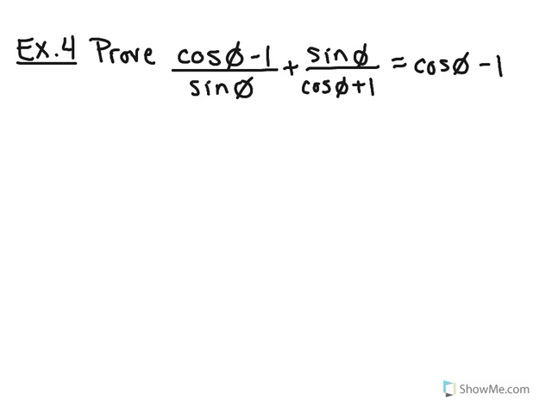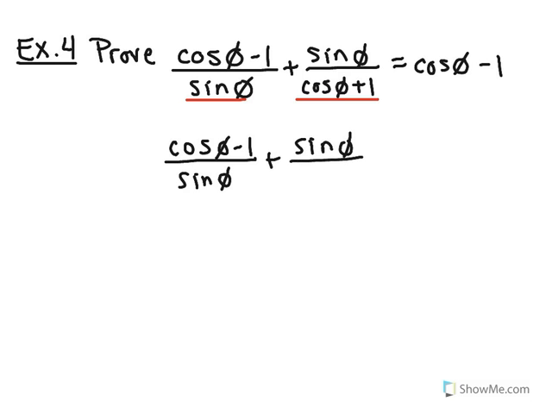Now, my suggestion, anytime you have fractions that are being added together, is to combine them into one fraction. And we do that by finding common denominators. However, what is the common denominator between this and this? Well, let me take you back to Algebra 2. I'm going to first rewrite this sum of fractions, so cosine phi minus 1 over sine phi plus sine phi over cosine phi plus 1.